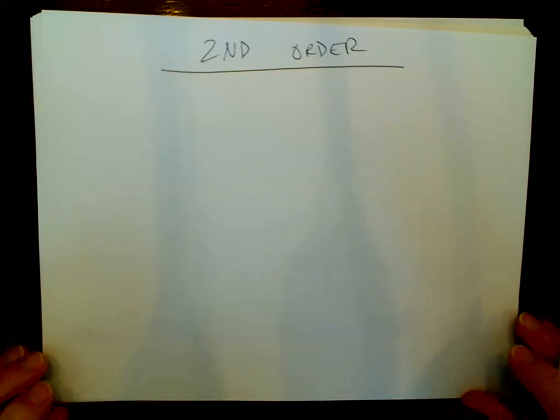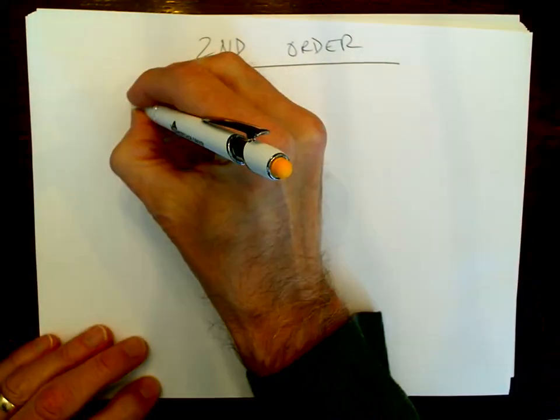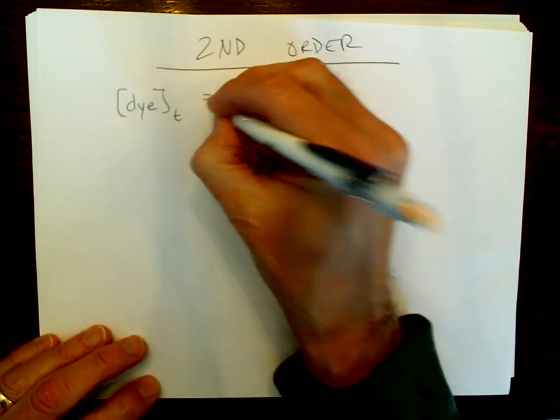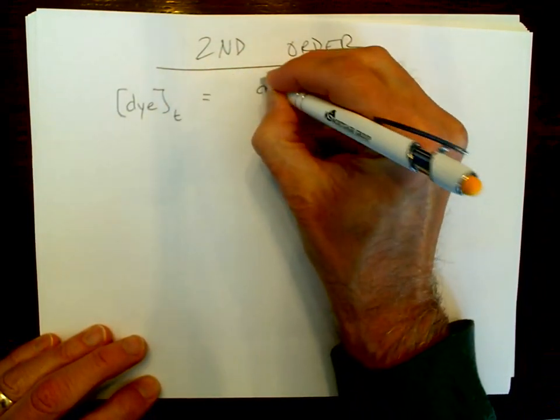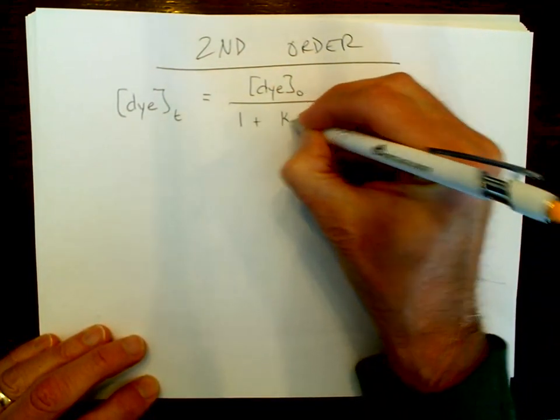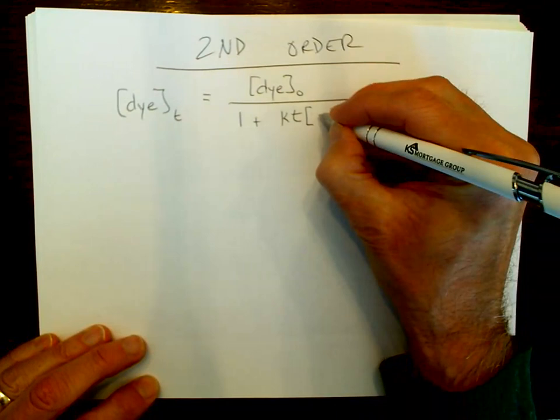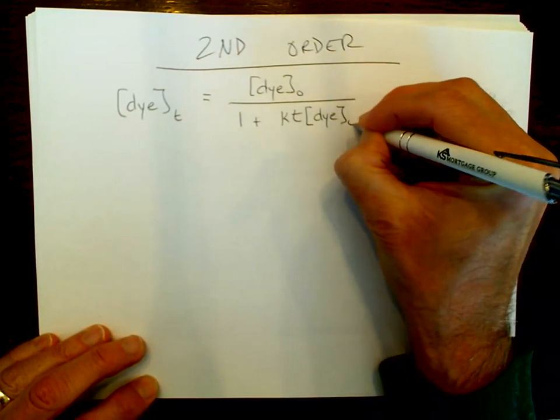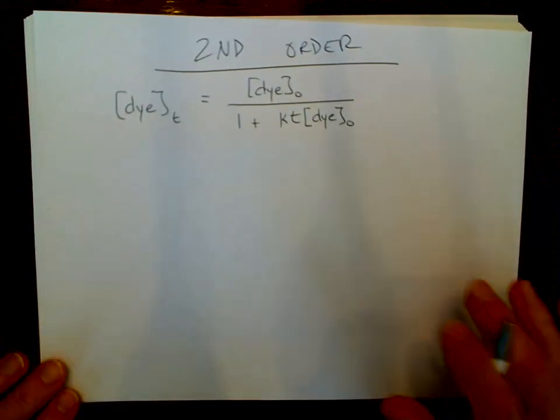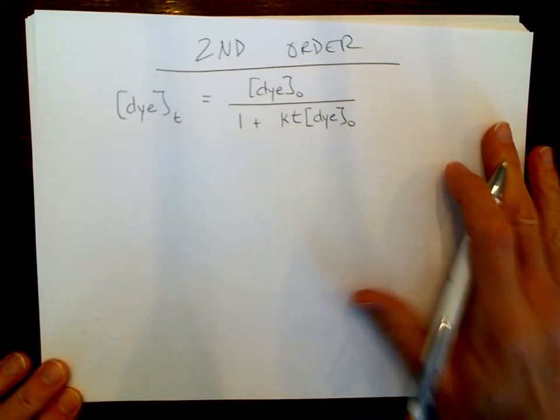Our non-linearized equation is the concentration of dye at some time t. That's going to be equal to the initial dye concentration over 1 plus the rate constant times the time times the initial concentration.